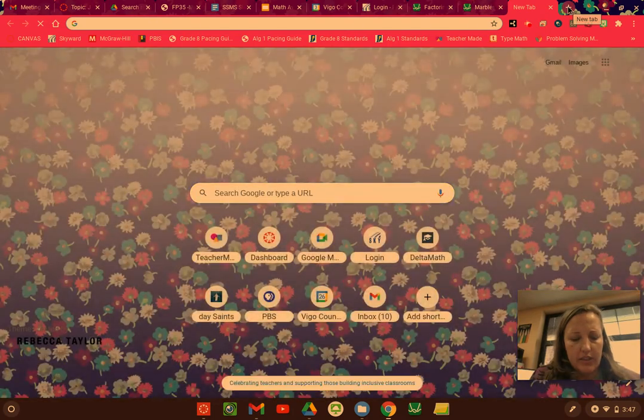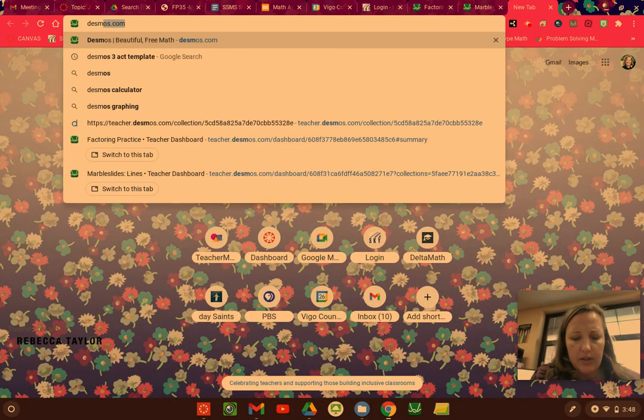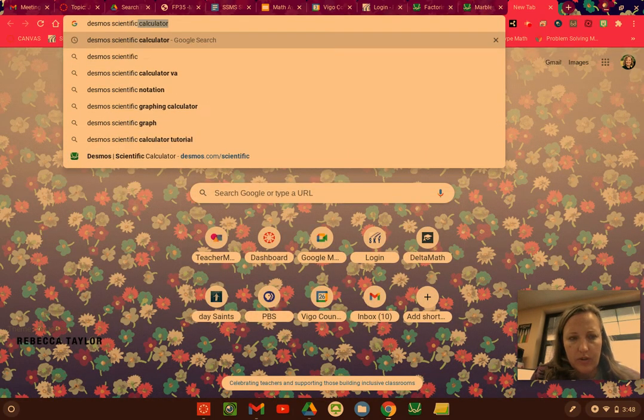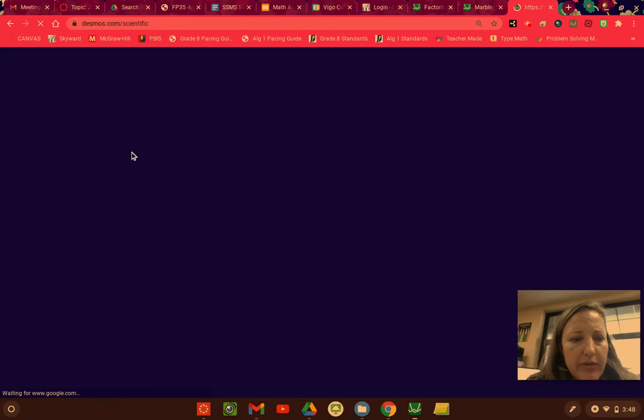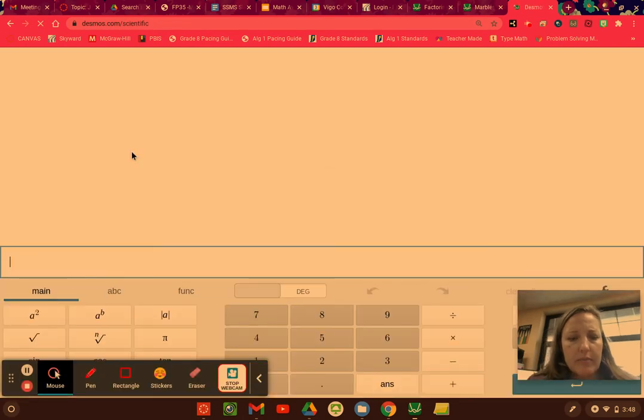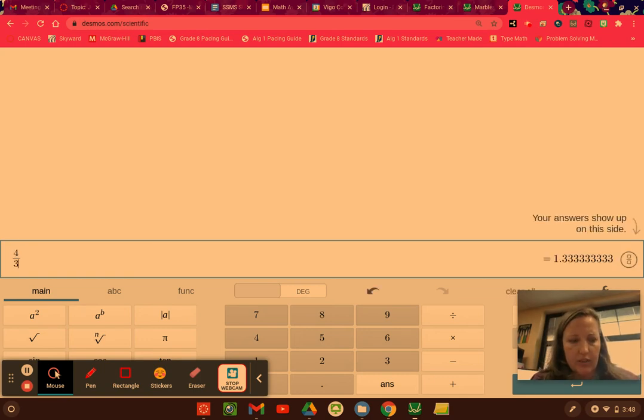Desmos Scientific. I know a lot of you just go straight to the calculator, but notice how this is a good example of how I want you to tackle this. So I'm kind of unsure about my answer, so I'm going to make sure I'm plugging everything in correctly. 4/3.